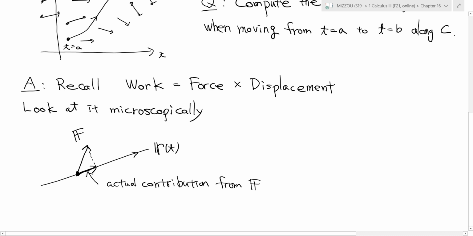Okay, so then now the question is, your finger is here at some given time t, and then you move a little bit, let's say a small displacement ds. When you move this small displacement ds, this amount of force acts on your finger.